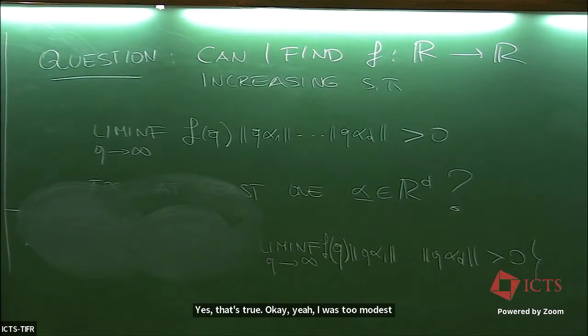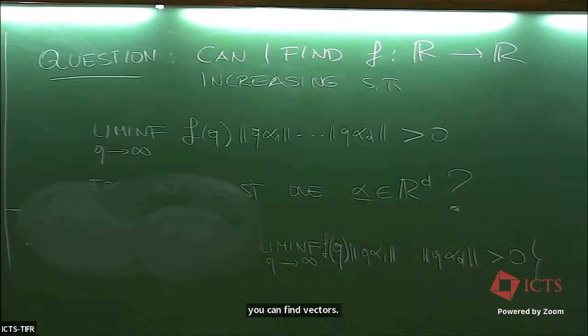I actually didn't prove just this. What we proved is that you can find vectors such that each subvector is in the right set, with the right exponent. So what you say is true actually. You can find the right dimension in each subvector.